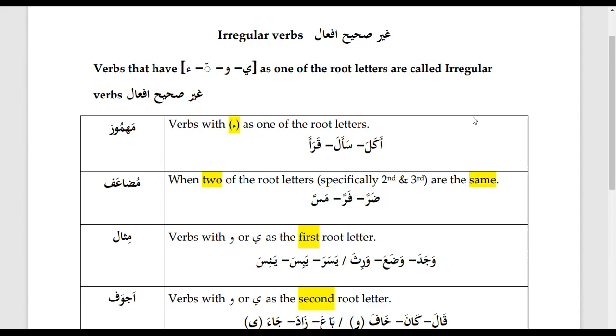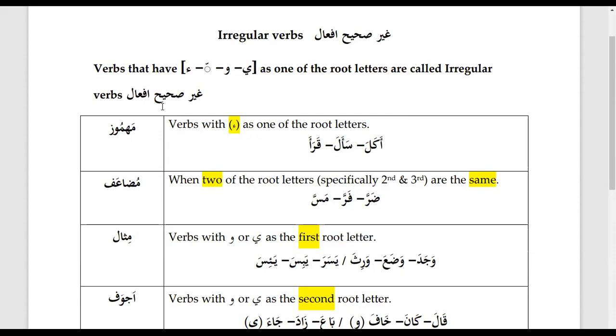So we have discussed several times the verbs that have hamza or tashdid or any of the weak letters like waw or ya. When they have these four, hamza, tashdid, waw and ya, as one of the root letters, they are called irregular verbs, yani غير صحيح أفعال.